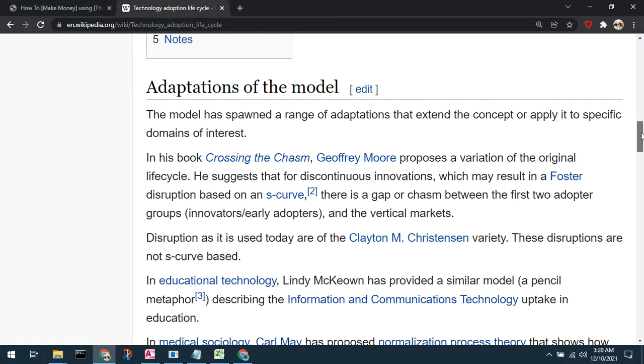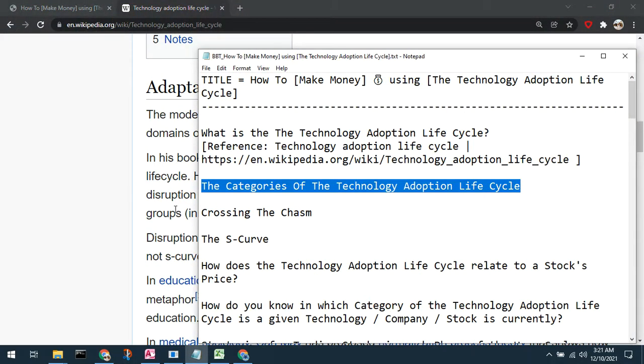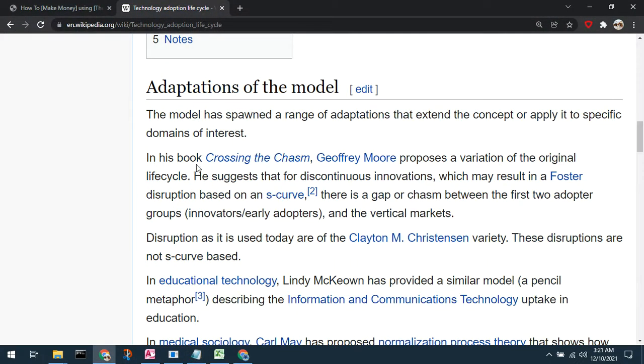We'll talk about what each of those categories means in terms of product adoption, technology adoption. You also see a good reference in this article to what's called crossing the chasm, and we're going to talk about the chasm, the S-curves, and reinforcement of S-curves. This is something you'll hear Kathy Wood of ARK Invest talk about, and it is part of the product adoption life cycle.